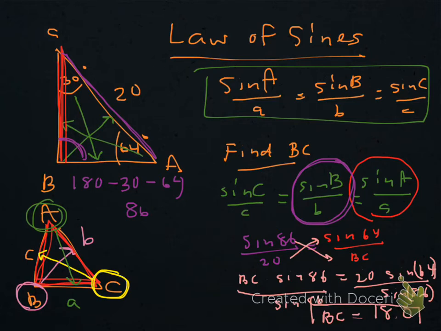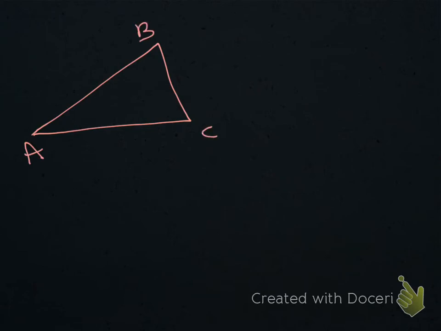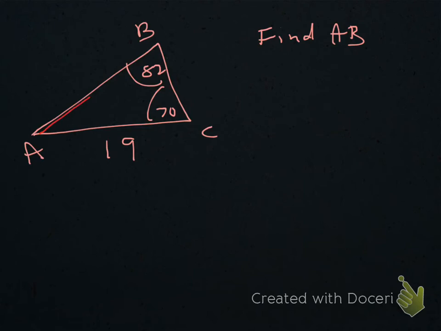Let's try one more example of this. Number 19. This one says find AB. So what we're trying to find is this side right here.